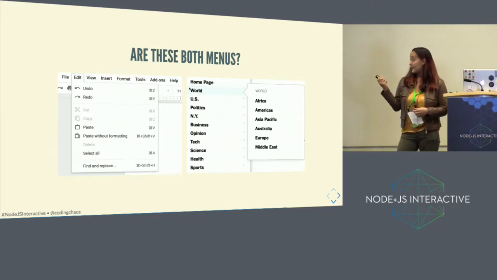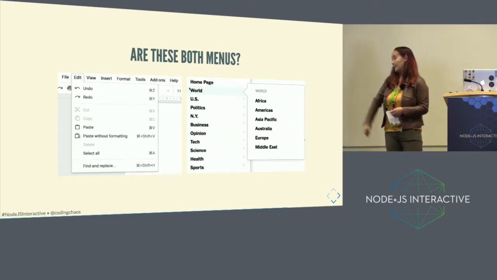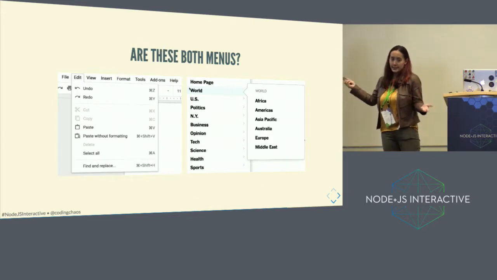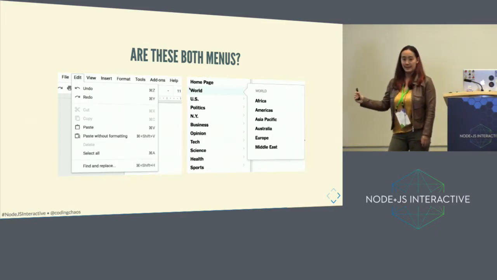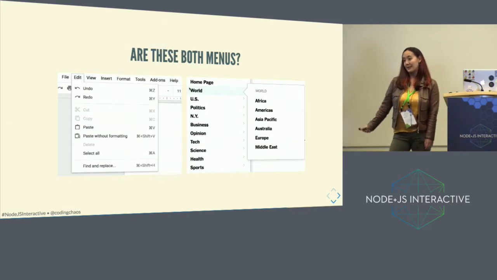On the left is the file actions menu, specifically the edit menu from Google Docs. It's expanded. On the right is the navigation menu from the New York Times. I'm not calling any of these out. I'm just using them as basic examples of the sort of pattern we call menu online. One of these is a menu in the ARIA sense and in the user interaction pattern sense, and one of them is not, despite the fact that they look pretty much the same and that we both call them menus.